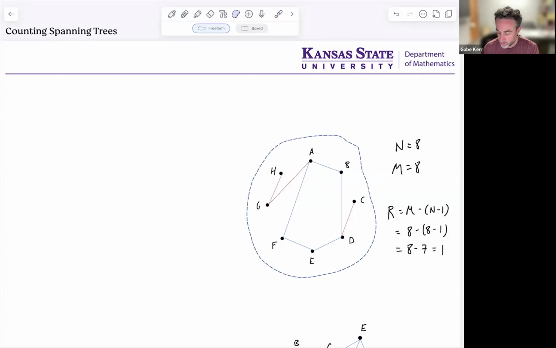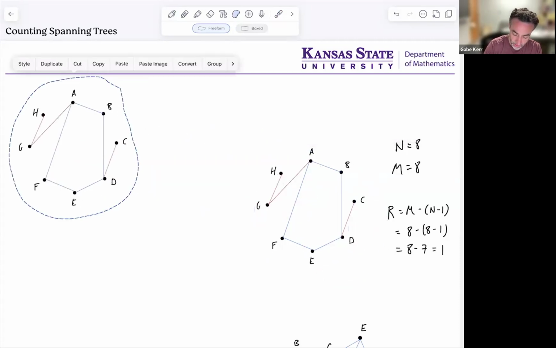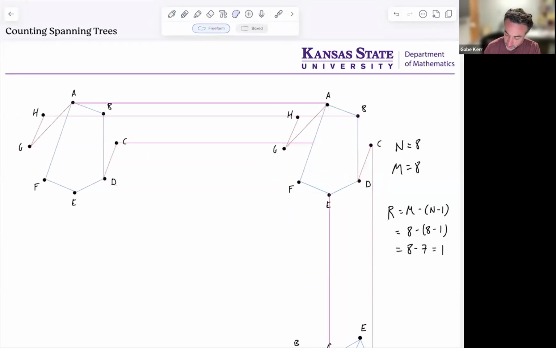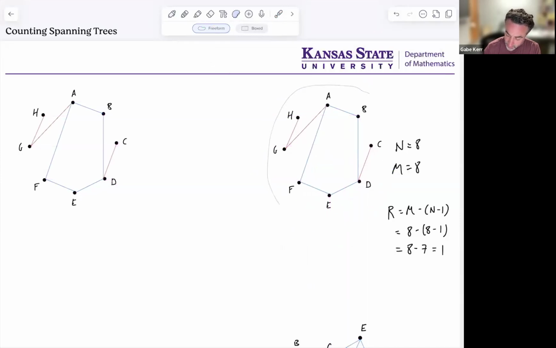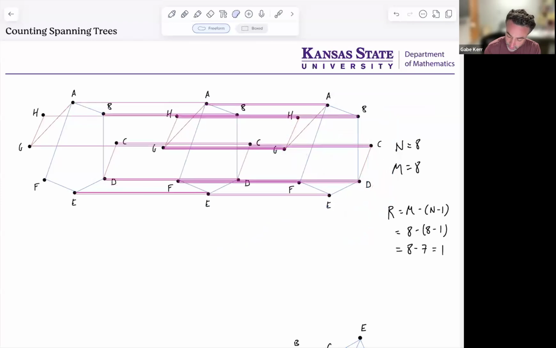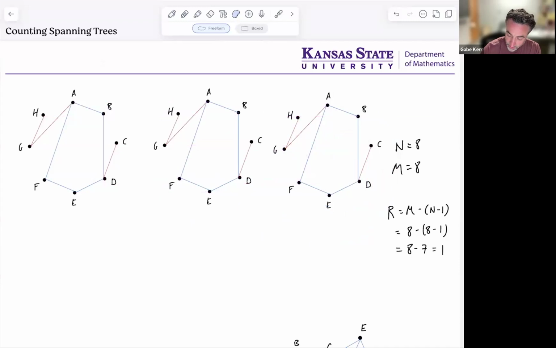So I have 1, 2, 3, 4, 5 edges on the cycle. Let's duplicate this graph and move it over a bit, five times. This is going to get a little messy if I'm not careful, so let me separate off my original graph.